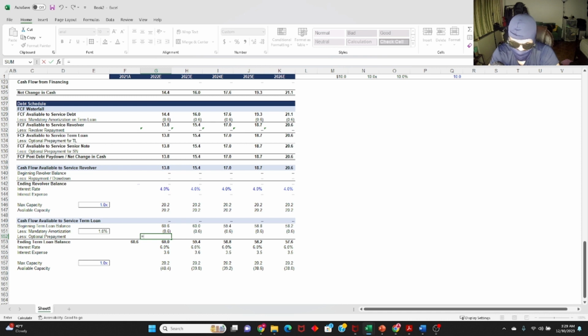Now your optional repayments is going to be the negative min of your beginning balance and your cash flow available to service your term loan. Now we're going to relink this cash flow available to service term loan, which is going to be here.